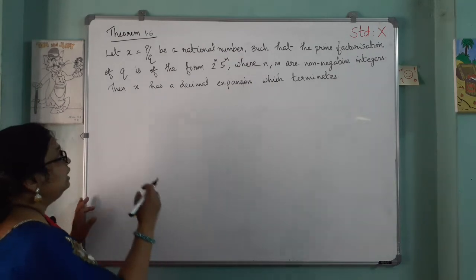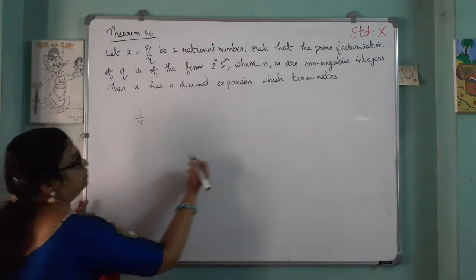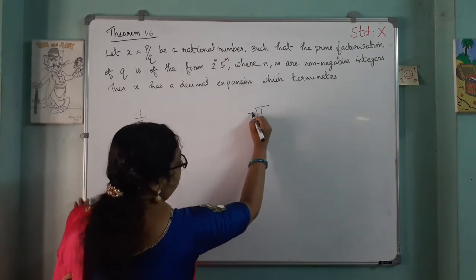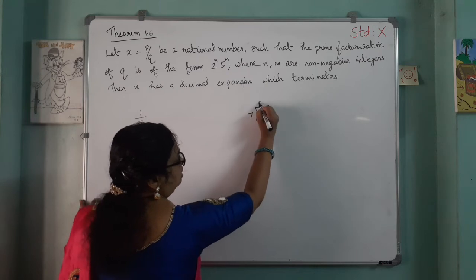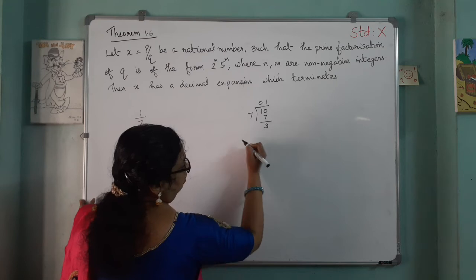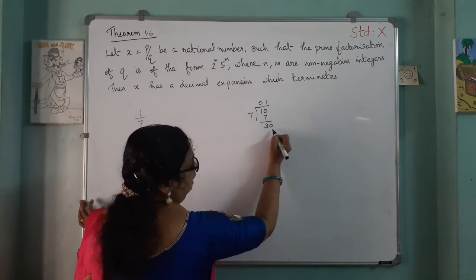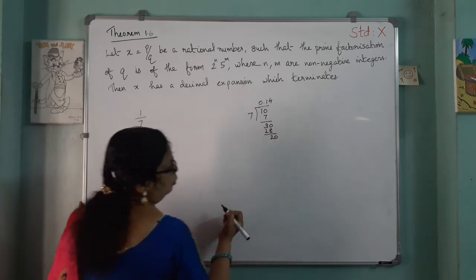So here also we can take some examples. 1 by 7. So 1 divided by 7. Then we know that 1 is less than 7. So putting decimal, 10, 1 times 7, then 3 remainder, again 0, 30. Then 4 times 28, 2 remainder, again 0, 20.